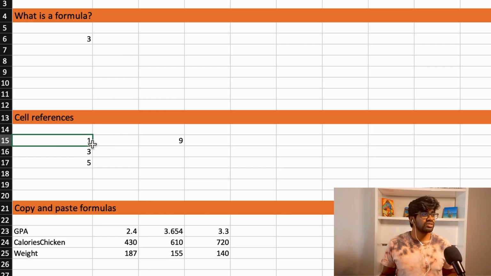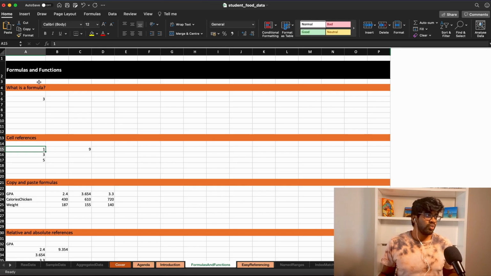Cell referencing is an important one in Excel, and it means referring to a specific cell. There are columns and there are rows, which need to work together to refer to a particular cell. We have columns across the top: A, B, C, D, E, F, G, all the way to Z, and it goes on beyond Z, with AA, AB, AC, and so on.